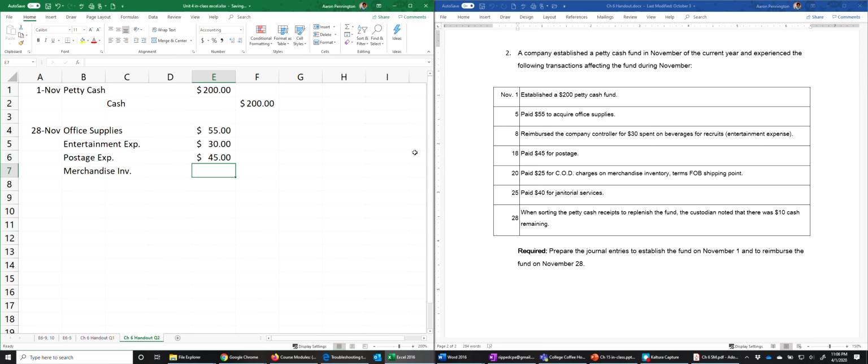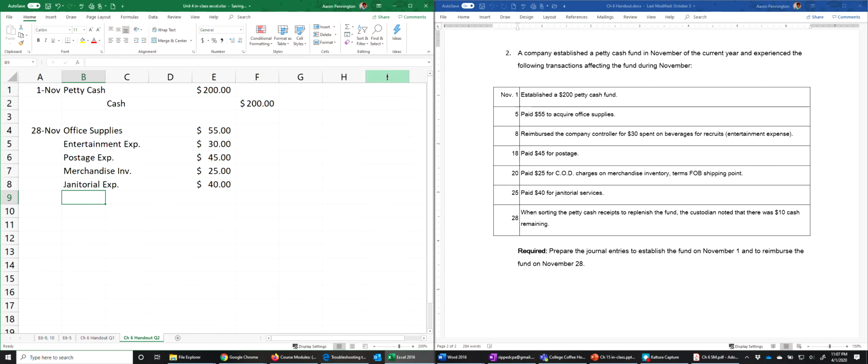Merchandise inventory. All right, you may remember that from chapters 4 and 5. All right, janitorial. All right.